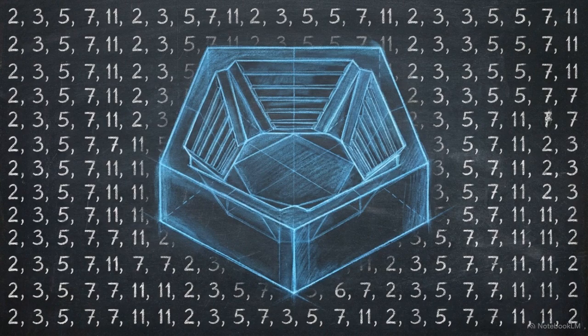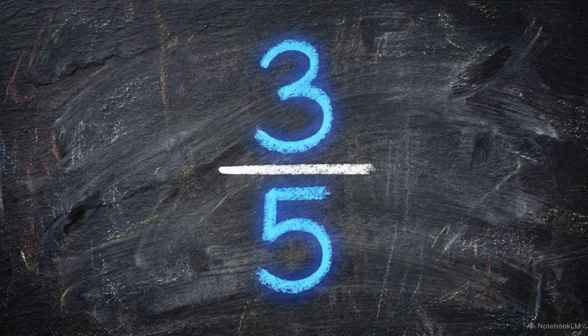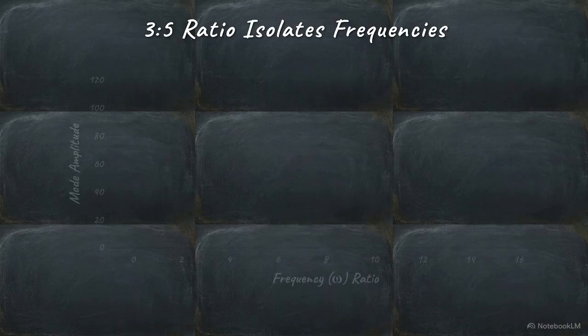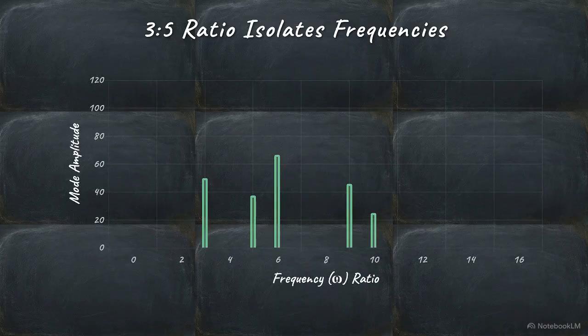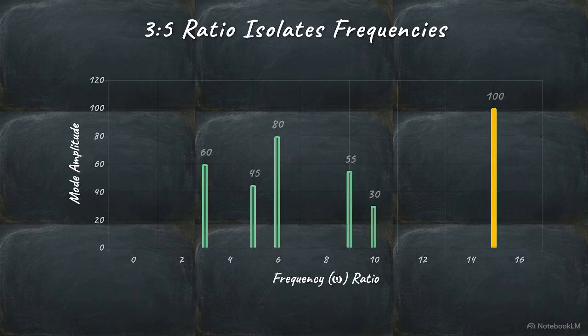This dictates that cavity dimensions must be built entirely on prime numbers, utilizing ratios like 3:5 or 7:11. Because prime numbers are only divisible by themselves and 1, they create mathematically irreducible fractions. Applying a 3:5 prime ratio to our chart produces a sparse spectral landscape with strictly isolated frequencies.